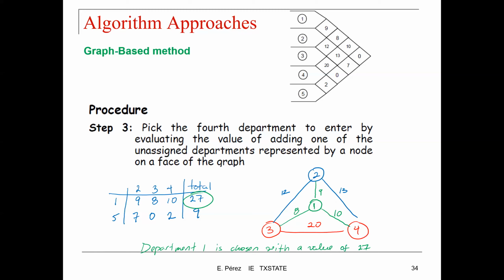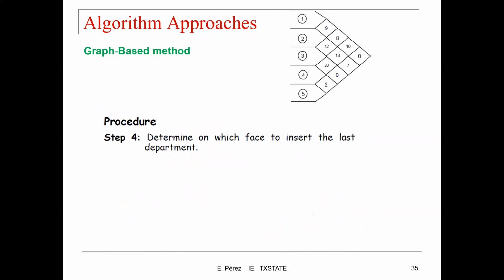Okay, so we have one more department that we have to integrate, but we need to choose where we're going to place that node. Right now, we have 3 options. We have this area, this area, and this area. So now I have to identify which of these 3 areas gives me the best performance. So that's what I'm going to do next.